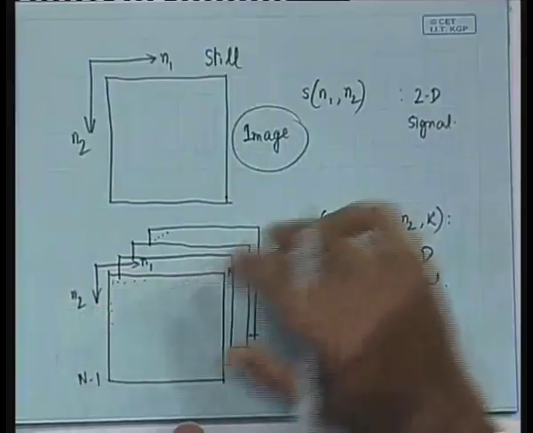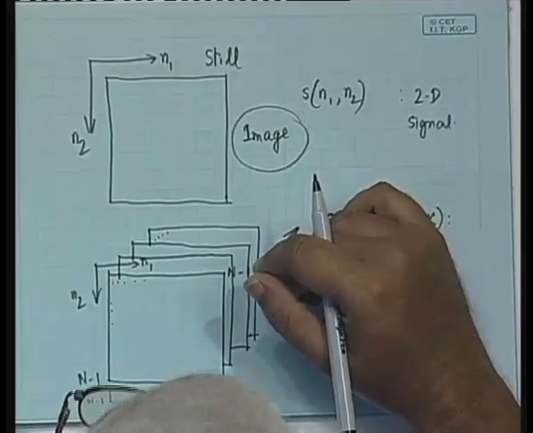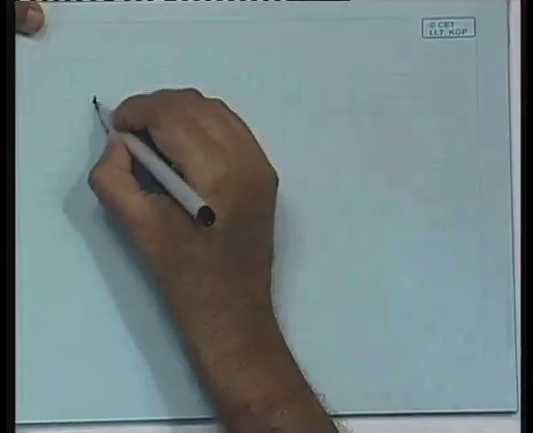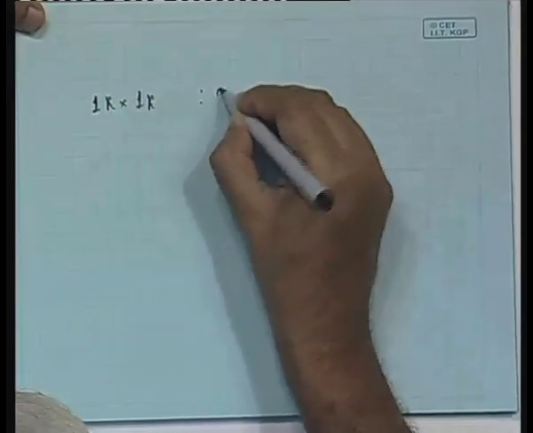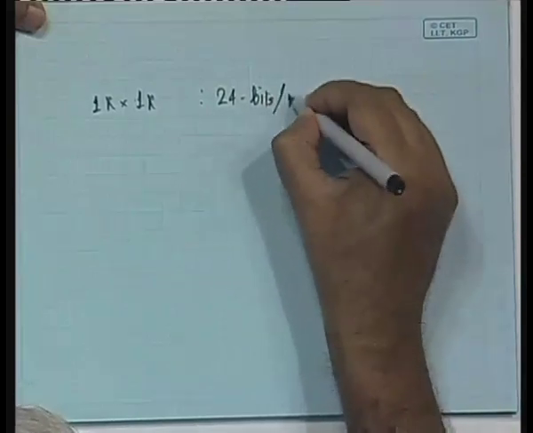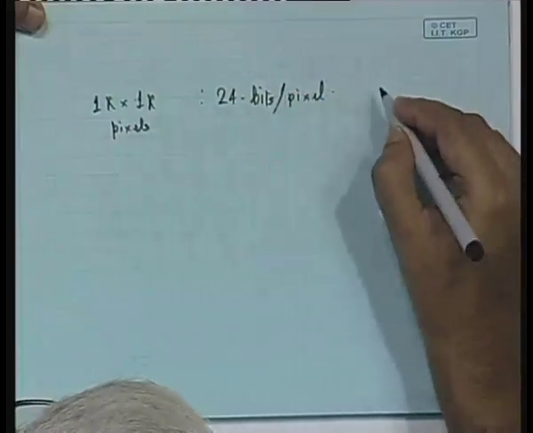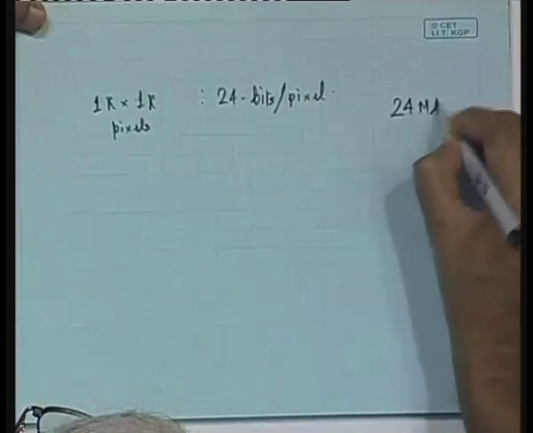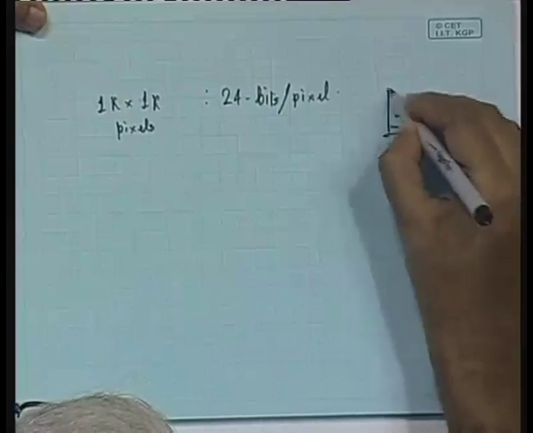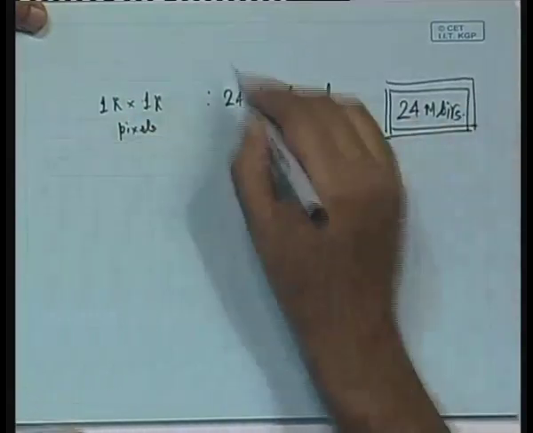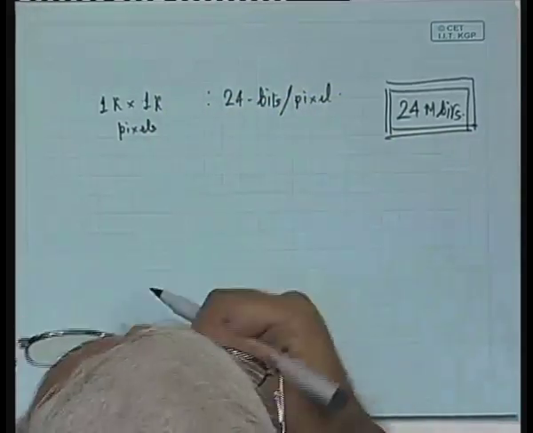In order to transmit the image, although I was mentioning that the fundamental bit rate is excessively high, that is to say for a 1K by 1K image having 24 bits per pixel, where 1K by 1K is the number of pixels in the image, we are going to have 24 megabits as the total number of bits required for this entire image to be transmitted, which is a very high number.